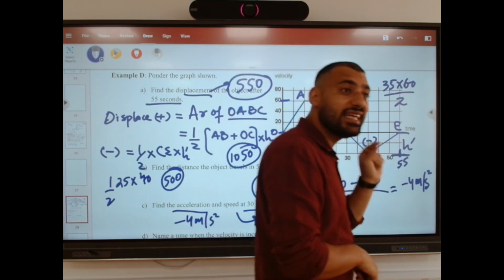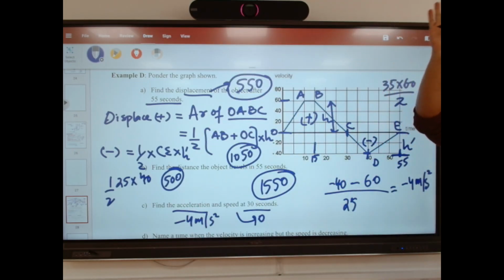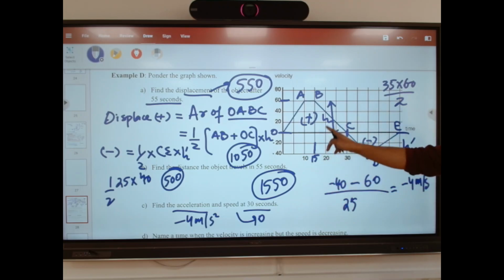Just do this. Velocity is increasing, speed is decreasing. Speed is decreasing means? Because speed cannot be negative. You know that. So the question is, when is the speed decreasing and the velocity is increasing?